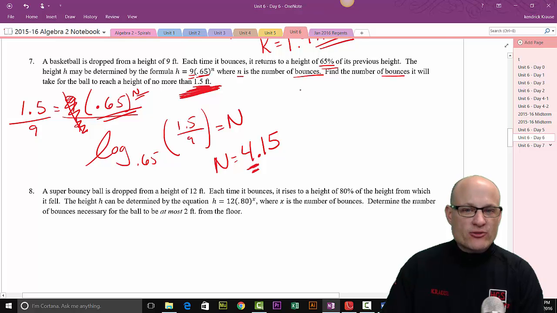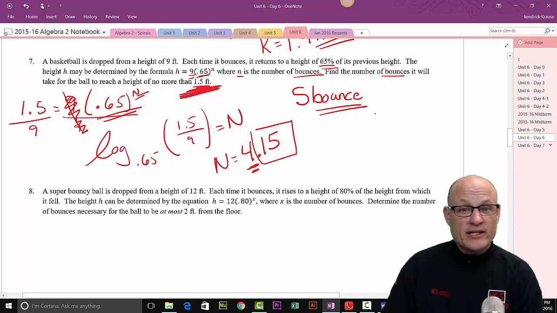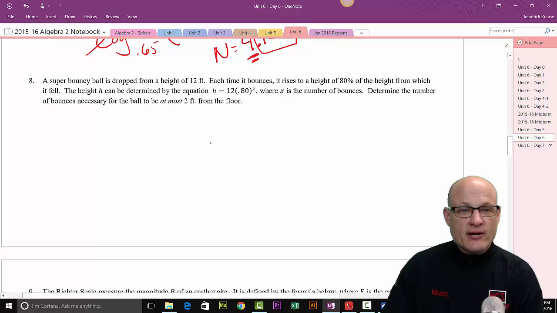So the answer to this question is actually it would take 5 bounces. Now on that fifth bounce, it would be really far below the 1.5. But after the fourth bounce, it was off by just a little bit. So we needed a fifth bounce. So 5 bounces. Tricky question. Don't fall for that one.